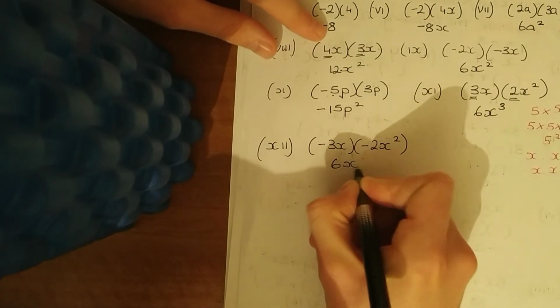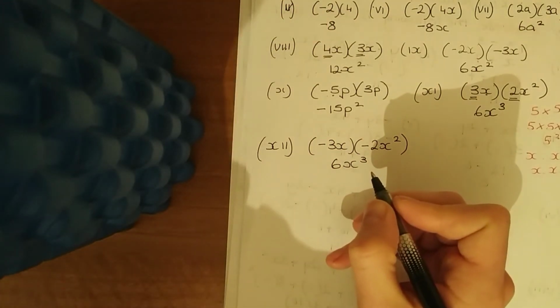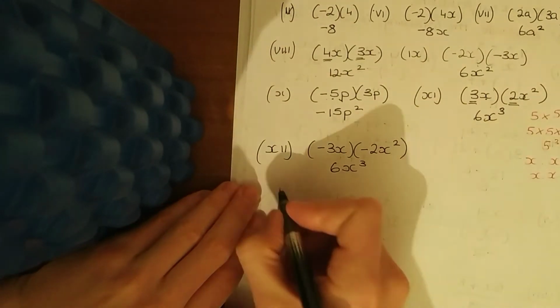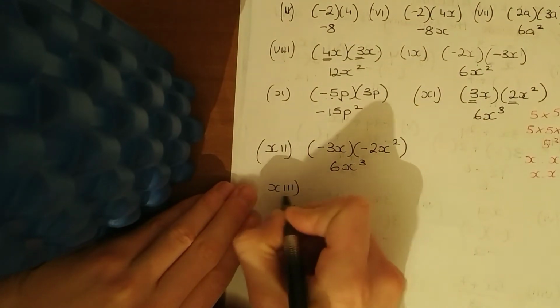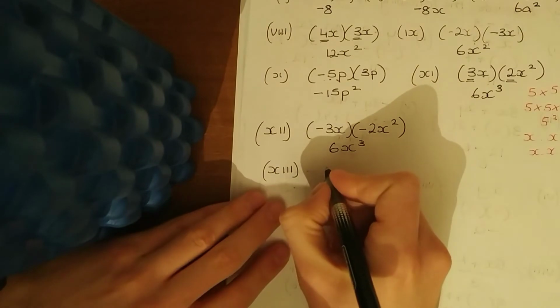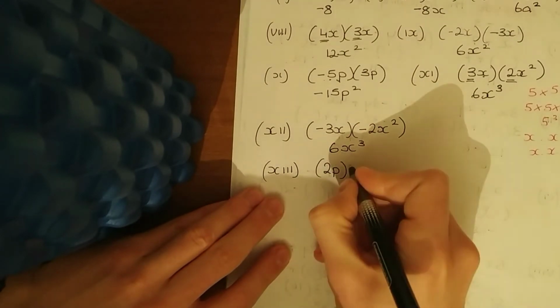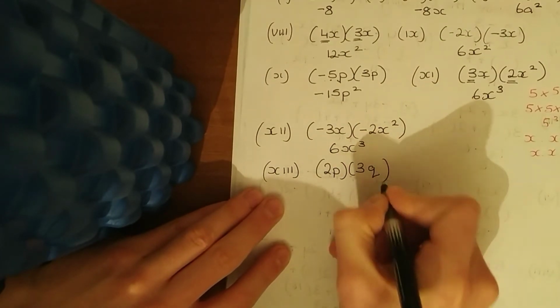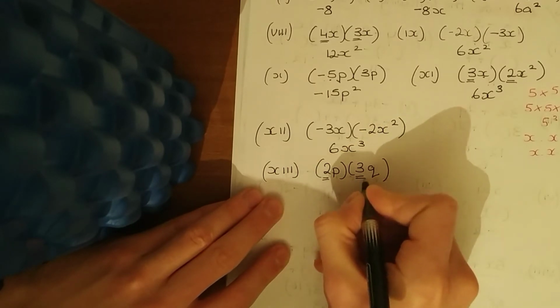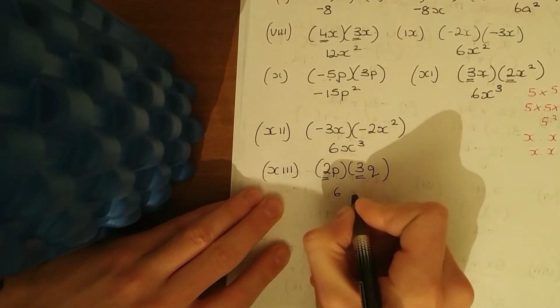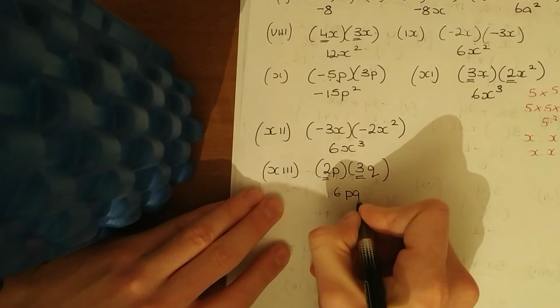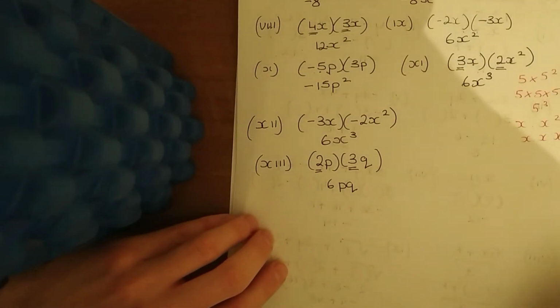X times x squared is x cubed. If we were looking at 2p, now we'll do 2 different letters, times 3q, multiply your numbers together. 2 times 3 is 6, and then p times q is just pq. Just join them letters together.